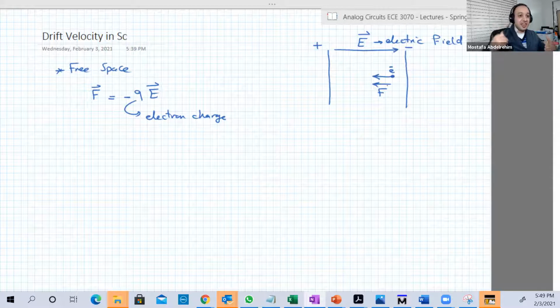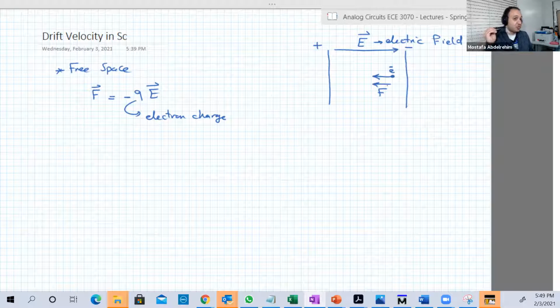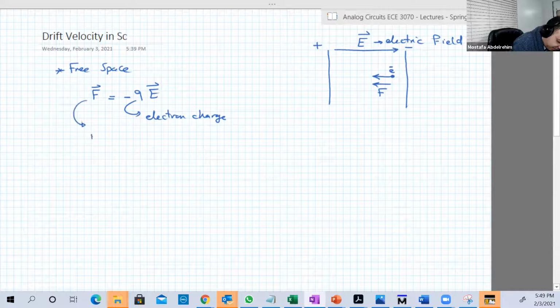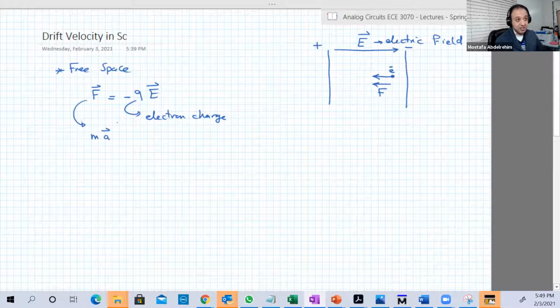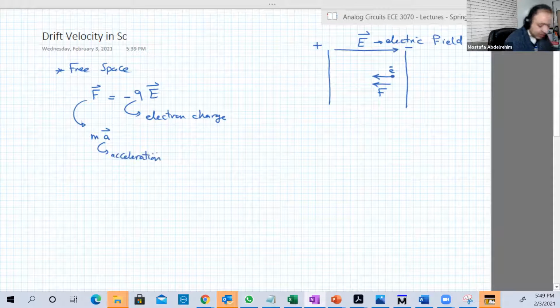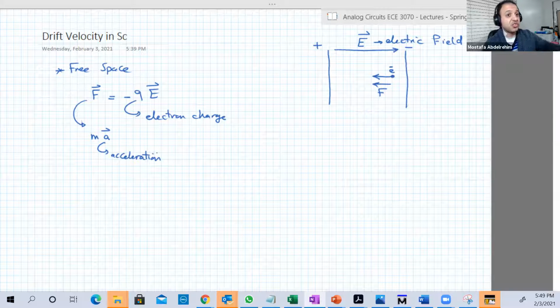That's intuitive: if you push something in that way, it should move in that way. When we say that the electron is moving towards the positive electrode, that means that the force is also in that direction. And we know that F is equal to m, the mass of the electron, times the acceleration. That means the electron will move with a certain velocity, and this velocity can change with time.